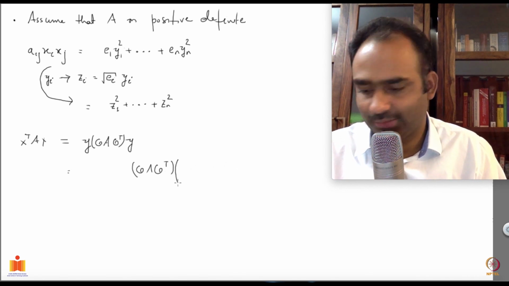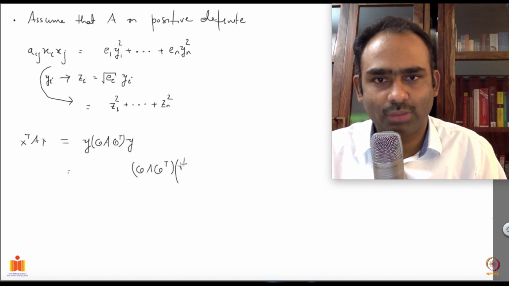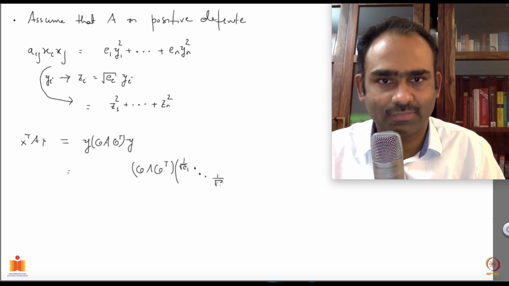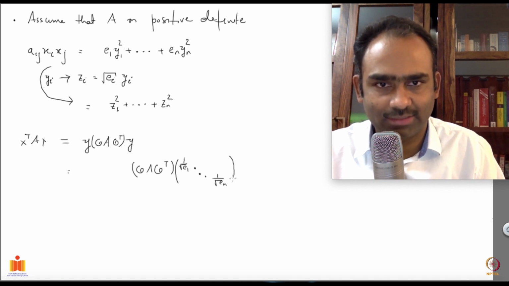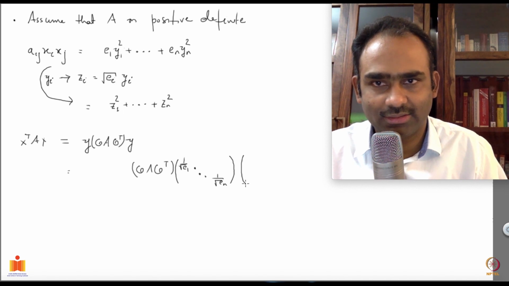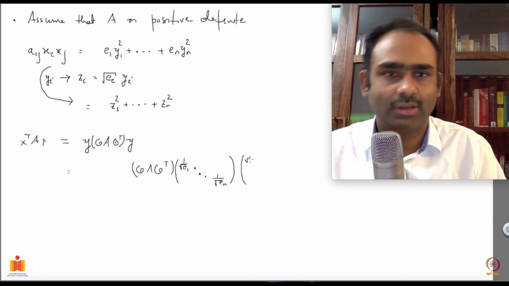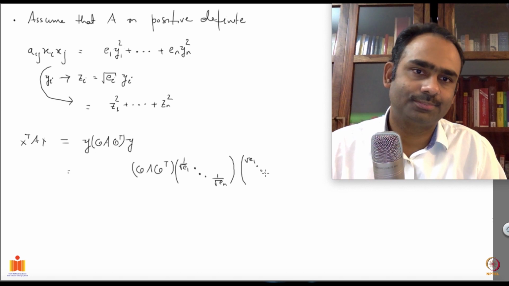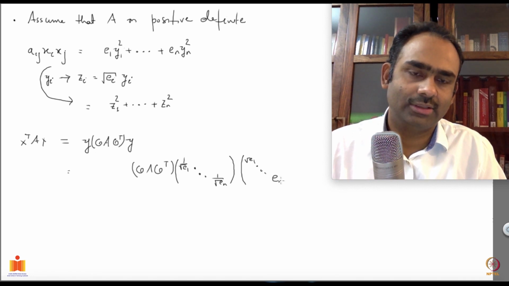Let's insert the following: 1 over square root of E1. So these are all on the diagonals. These are diagonal matrices. Square root of E1 up to En.